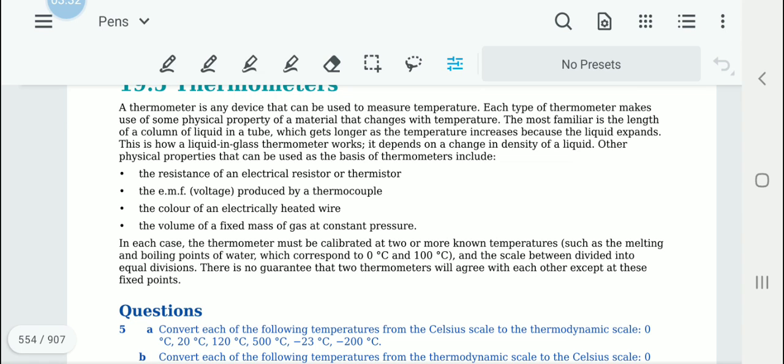They will definitely agree at the boiling point and the melting point, but the other points are just measurements that give us a rough idea, because if the expansion is not linear, then it is not going to be an accurate reading.